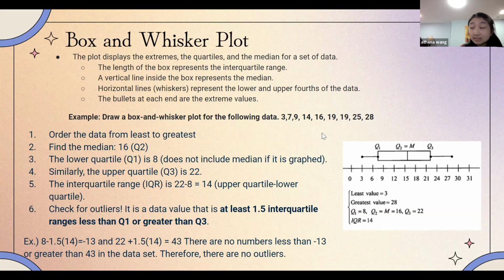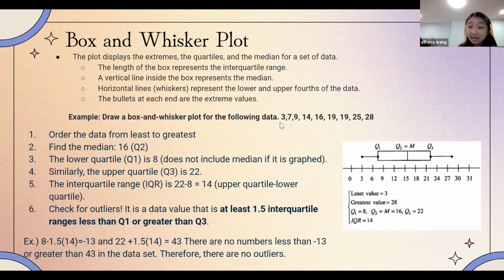So, for an example, we have to draw the box and whisker plot for 3, 7, 9, 14, 16, 19, 19, 25, and 28. The data is already ordered from least to greatest, but if it isn't given that way, you have to order it, because we are finding the median, and in order to find the median, you need the data ordered.